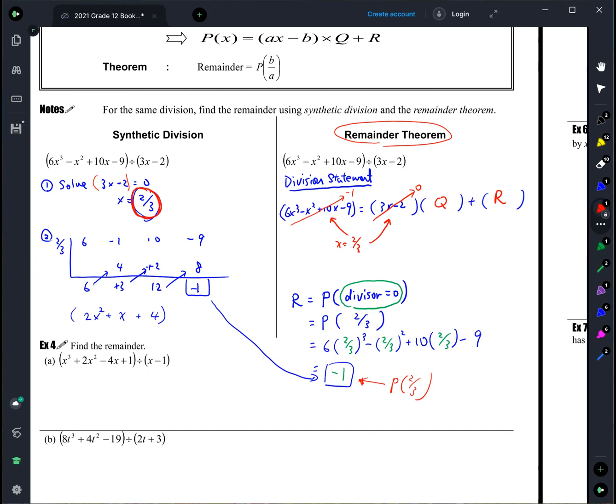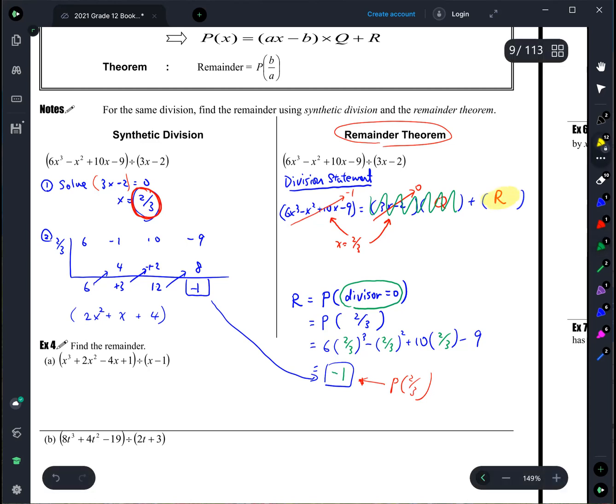Okay, so because the divisor becomes 0, then this whole thing, the Q times divisor, will also go to 0. So this whole thing is gone. So that's why you have remainder left. Remainder equals to P of 2/3, the -1.